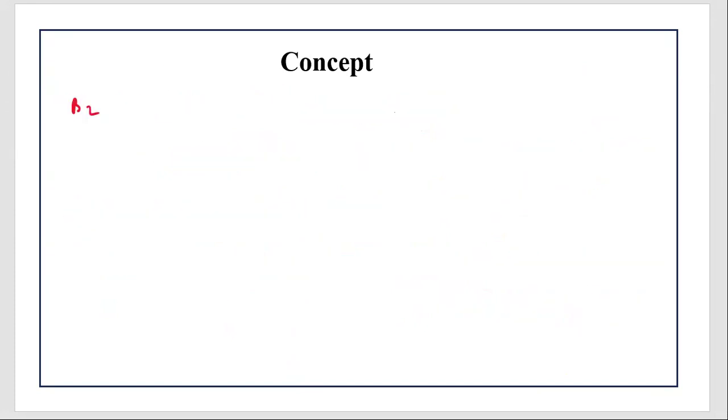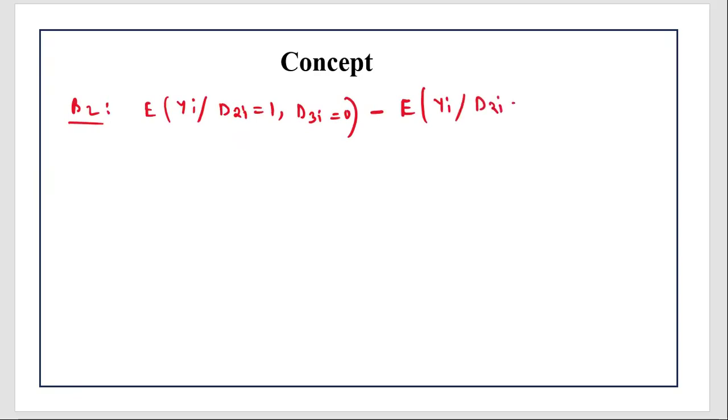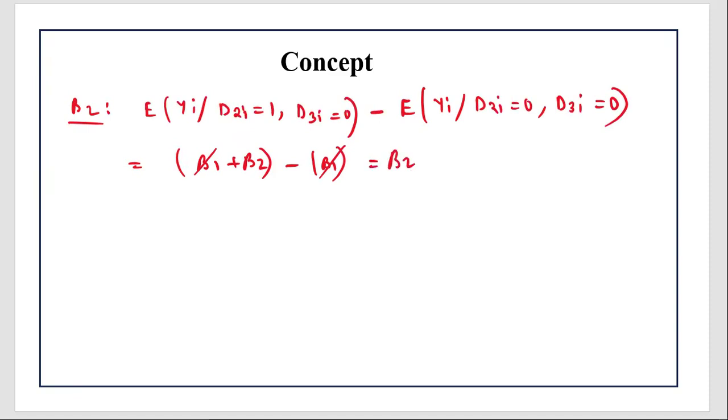It will be the difference between the expected value of yi when D2i is 1 and D3i is 0, minus the expected value of yi when both dummy variables are 0. We have beta 1 plus beta 2, minus beta 1. If you cancel this out, you will simply get the value of beta 2.